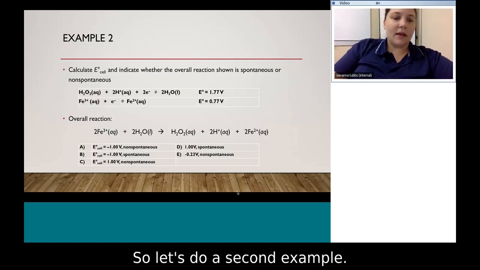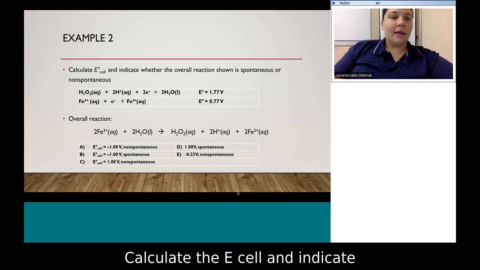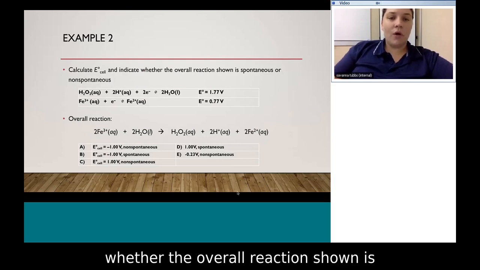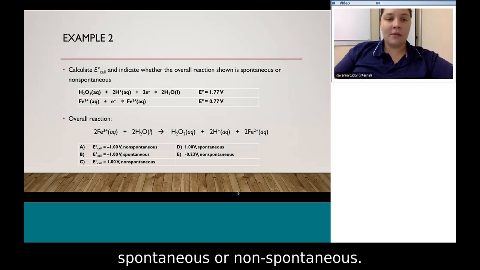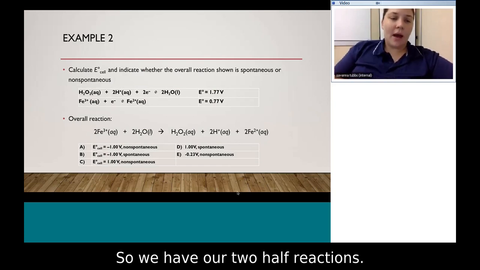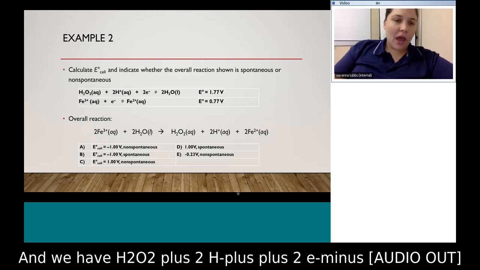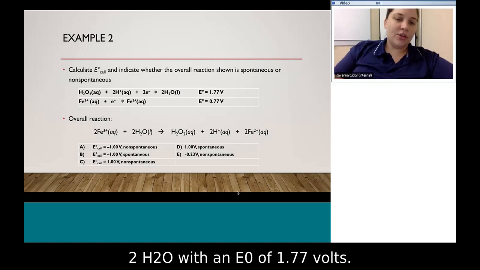So let's do a second example. Calculate the E cell and indicate whether the overall reaction shown is spontaneous or non-spontaneous. So we have our two half reactions, and we have H2O2 plus 2H+ plus 2e- produces 2H2O with an E naught of 1.77 volts.